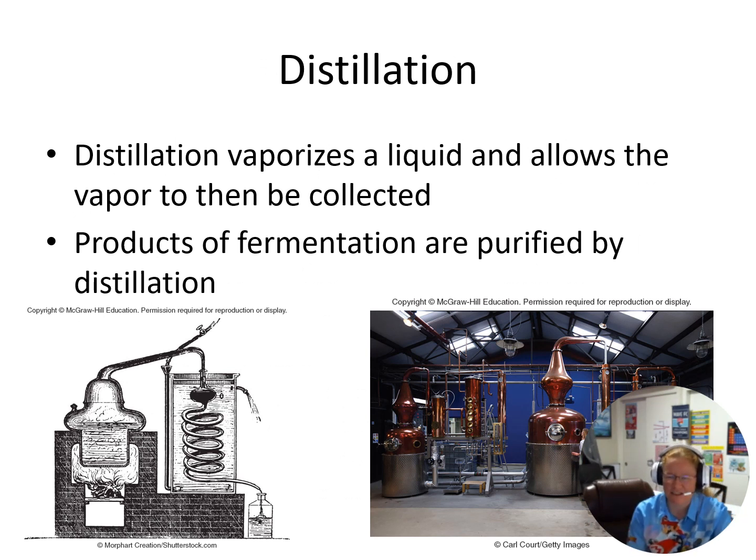And so distillation will vaporize things. We can collect that vapor and then we can purify them. So we can distill things that have been fermented. So a lot of alcohols are made via fermentation. And then we run it through a distillation column to purify them and get rid of all the gunk that we don't want to be drinking. And then we can get our alcohol out after that.